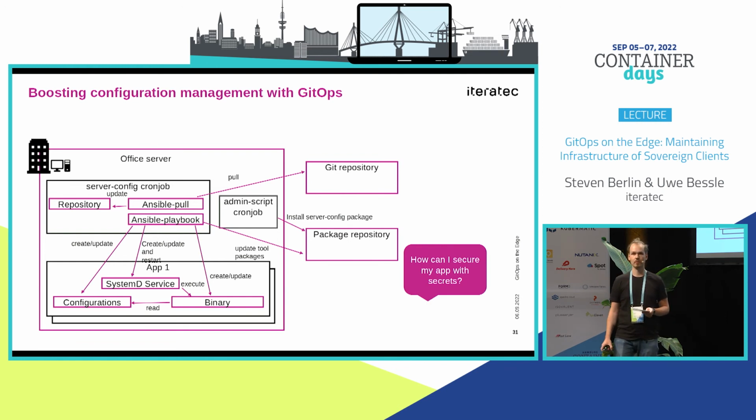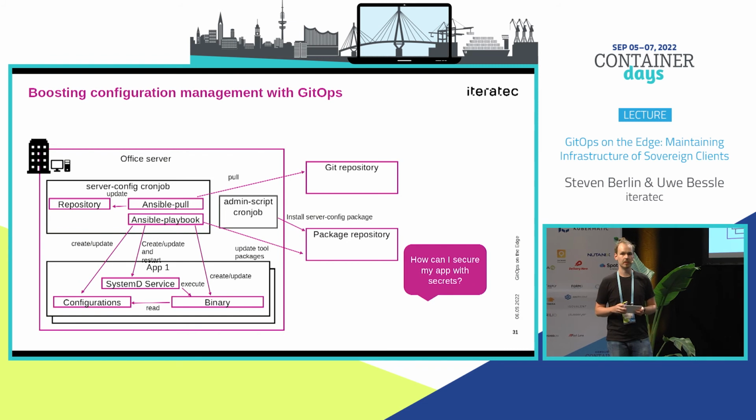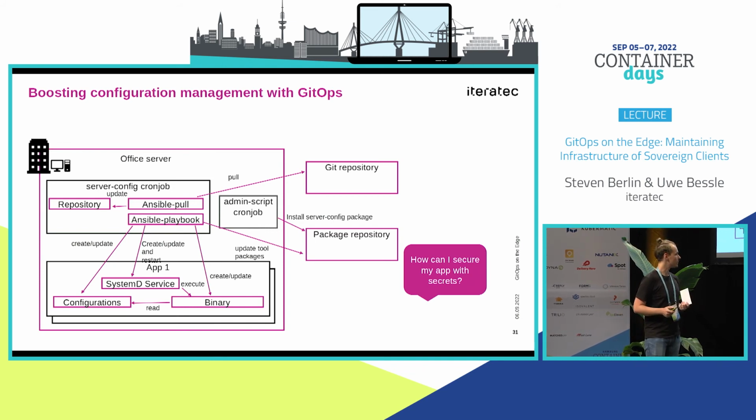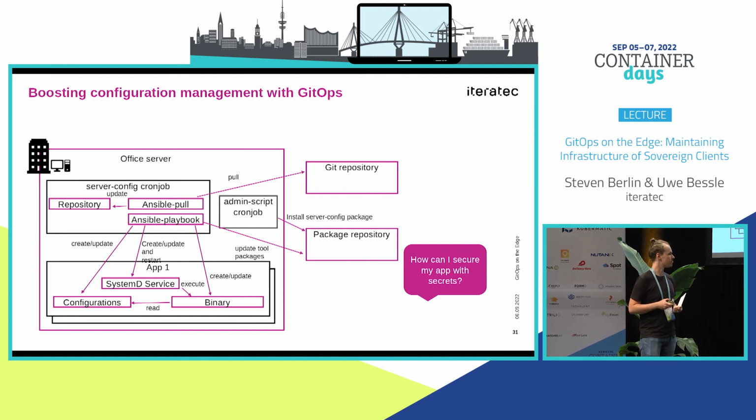But at the time that we wrote the proof of concept, we decided for the solution Mozilla SOPS. Surely familiar to you, it can be used to encrypt secrets and store them safely in Git. And that's how we managed also to make this setup, at least in one perspective, more secure.